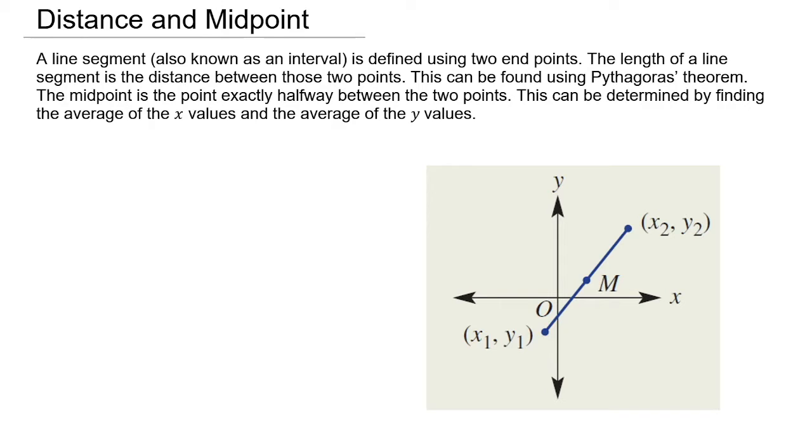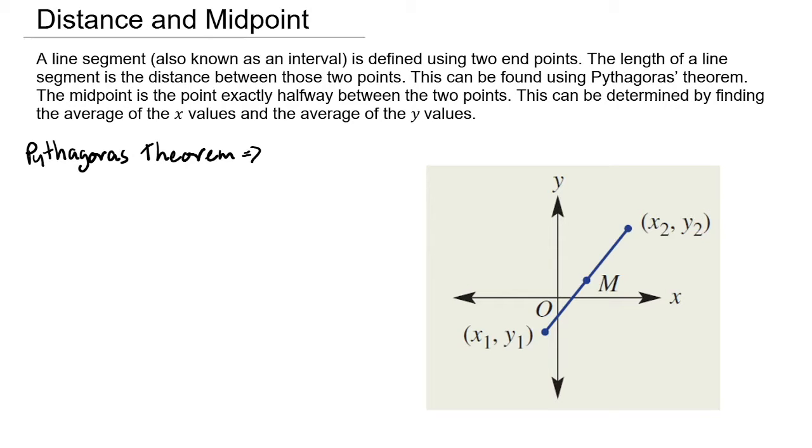Now for distance, or the length of the line, we can actually relate this back to good old Pythagoras' theorem. So if you remember Pythagoras' theorem, was that the square of the hypotenuse was equal to the sum of the square of the other two sides.